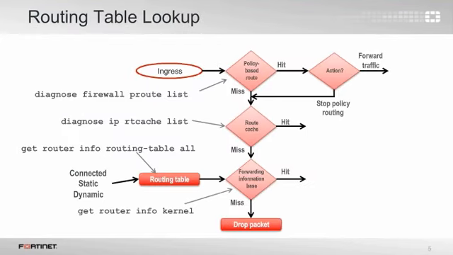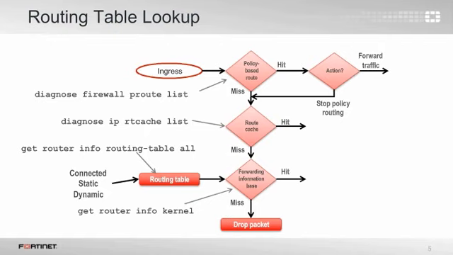How does FortiGate decide routes? FortiGate has multiple routing modules. The diagram shown in this slide illustrates the logic of the routing modules. First, FortiGate searches its policy routes. You can view them using the command diagnose firewall proute list.